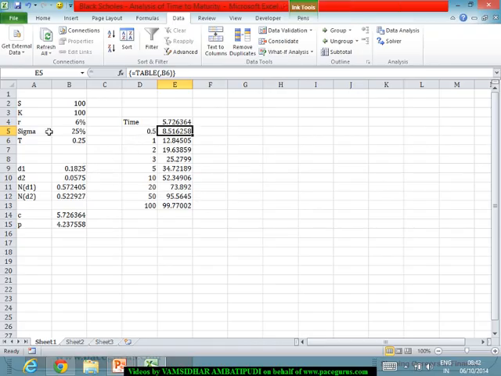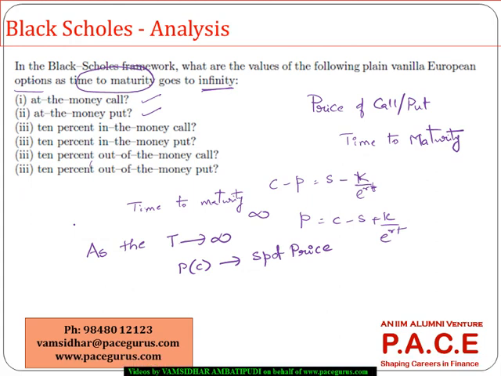But in case of at the money put, what we are observing is up to a certain time to maturity, the value of the put is increasing, but beyond that, we see that the value of the put is falling, and as it is approaching infinite, the value of the put is going closer and closer to 0.